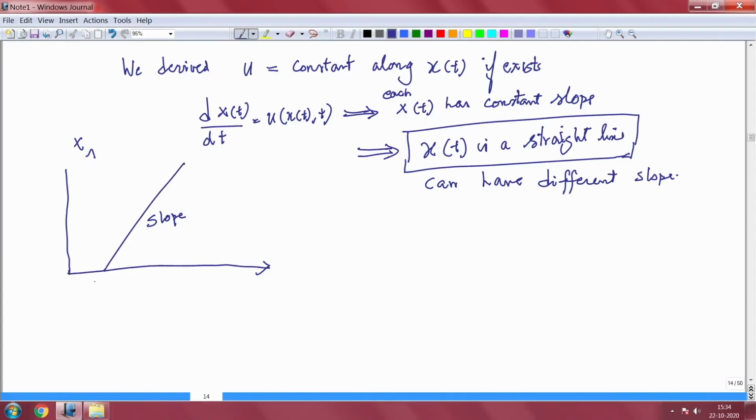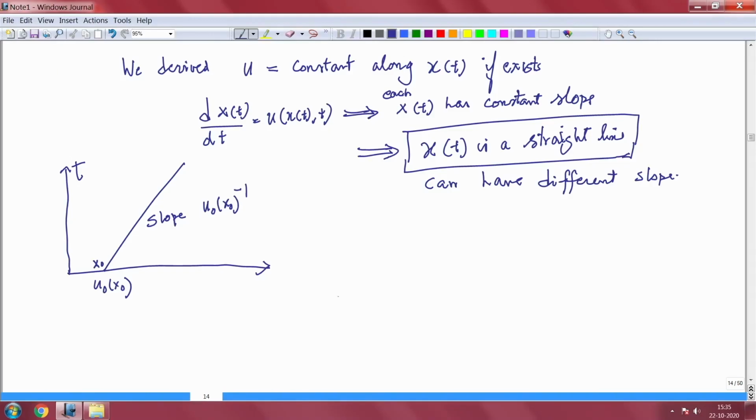You have your value of u, this is the point x naught, the value of u at x naught is u naught of x naught, and you have to understand t in this direction. Because u is constant along this curve, the value of u along that direction is u naught of x naught, and the slope is u naught of x naught inverse.